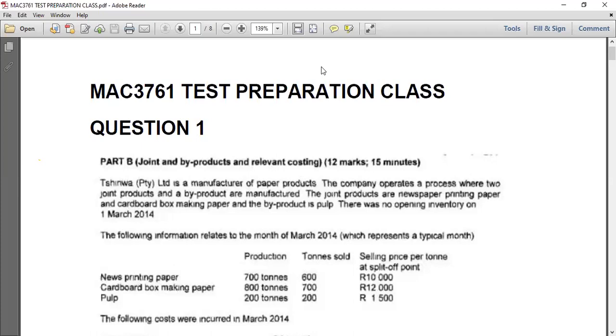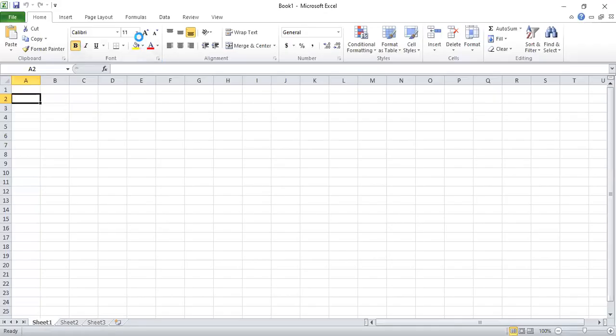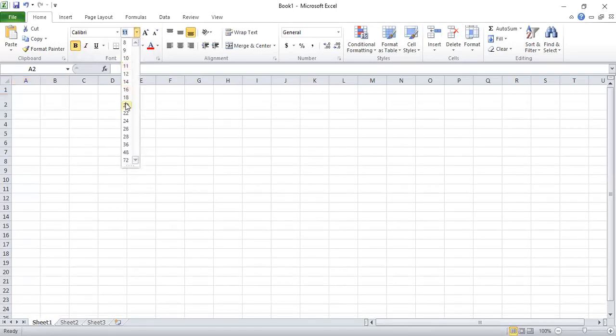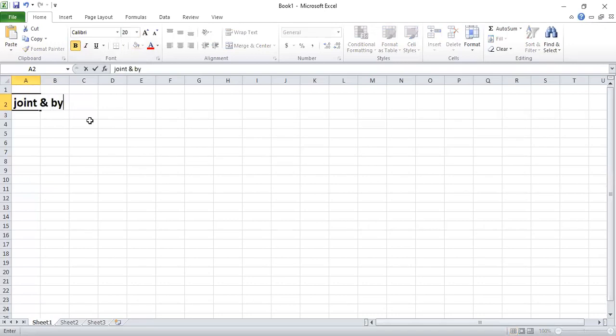Right, I'll quickly explain the theory behind joint and byproduct costing, considering that we haven't covered it. Right.